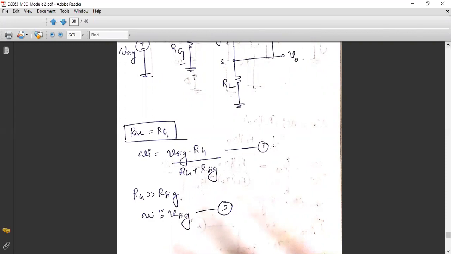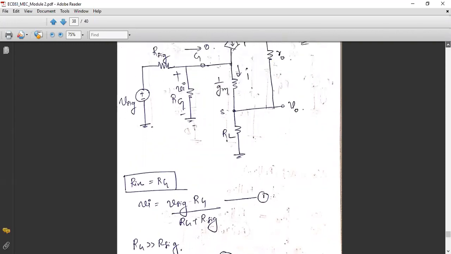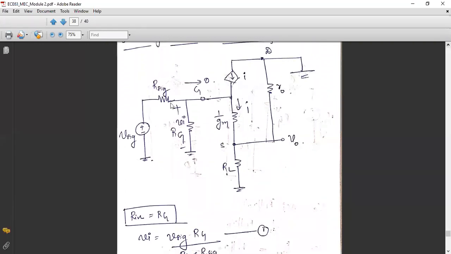So this is a speciality of this amplifier. That is, since this Rg is very large, whatever voltage you have given as input here, almost the same voltage you will get across Rg. Why? Because the resistance Rsig is very small when compared to the resistance Rg. Got?